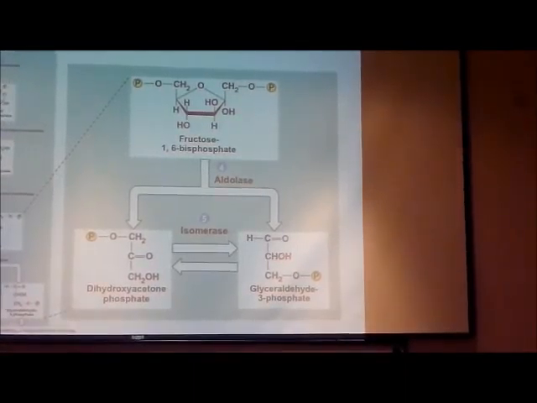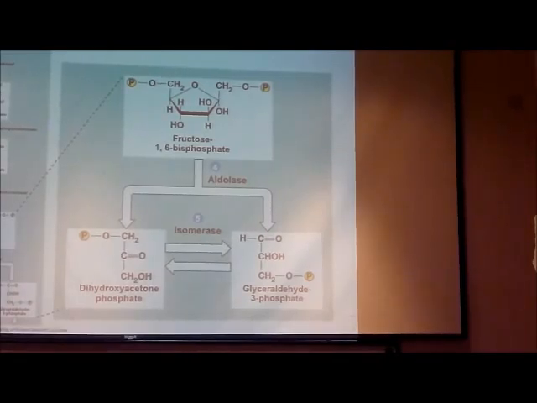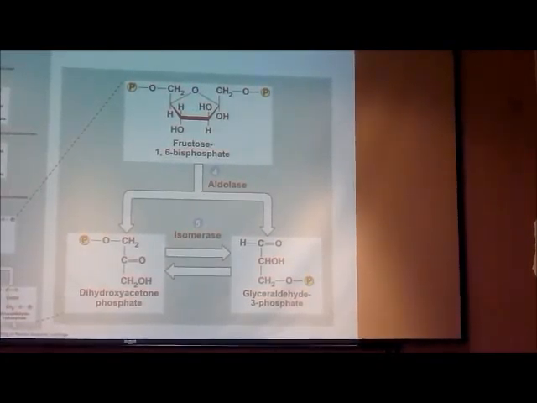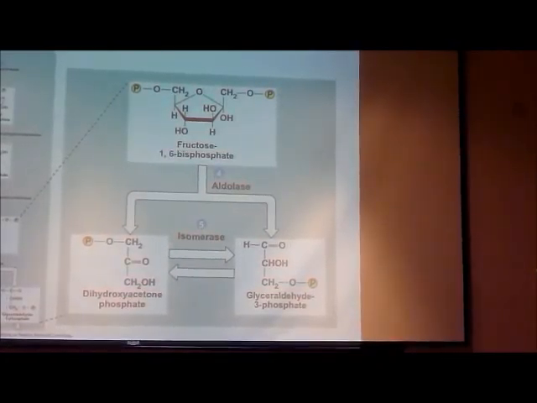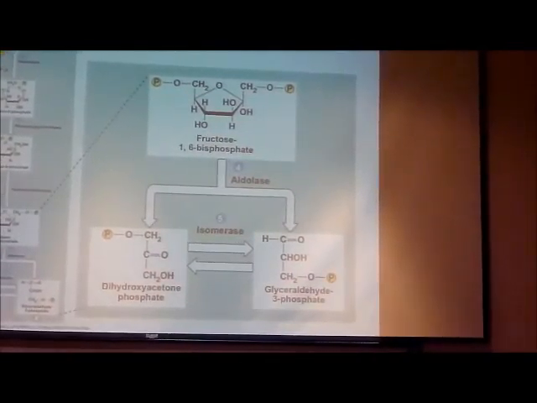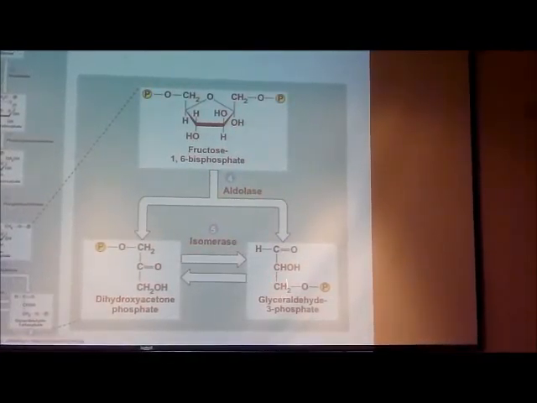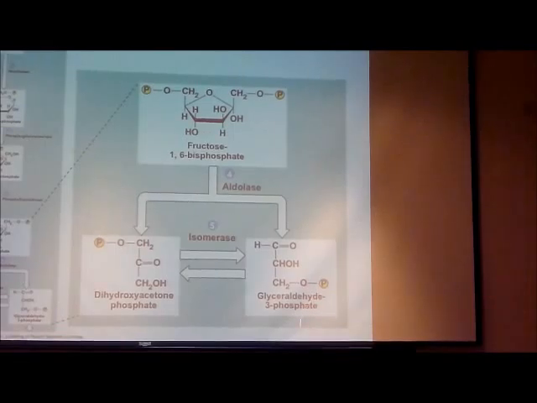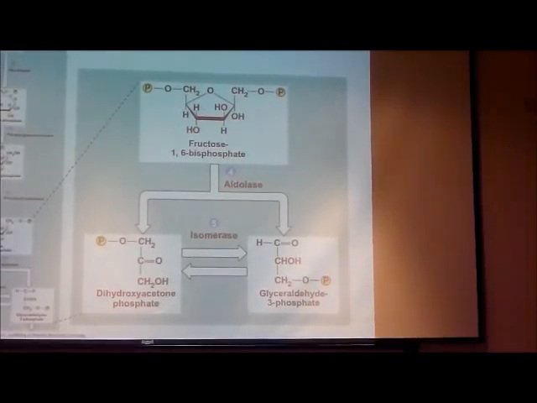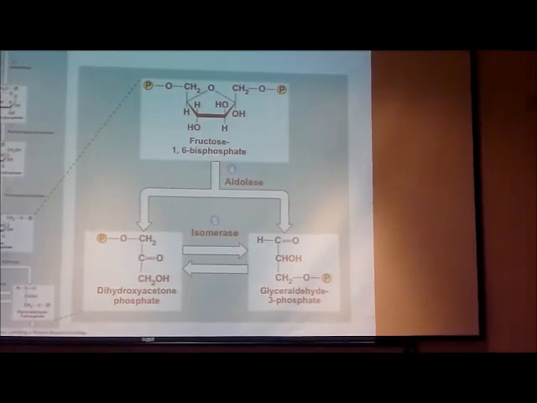This is all the energy investment that we're learning. If you break this apart and it produces both of these, this one can immediately be used in the next step. This one would have to be converted by isomerase to glyceraldehyde 3-phosphate before we would utilize it.